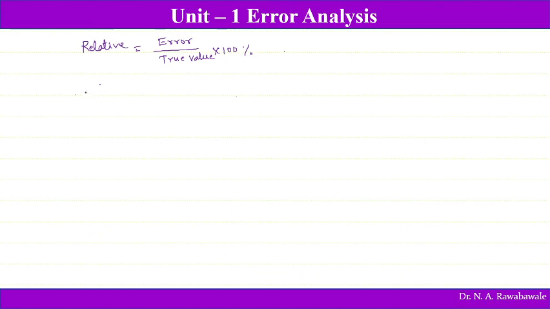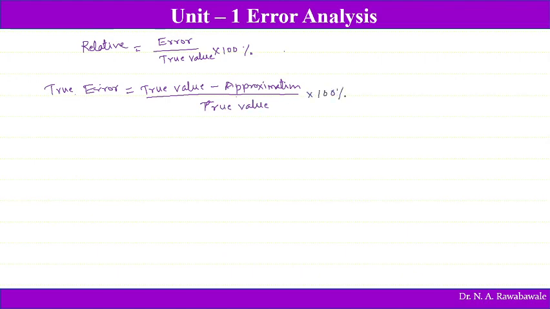For example, the true error is equal to the true value minus the approximate value, or approximation, or if we want a relative error, divided by the true value, into 100.